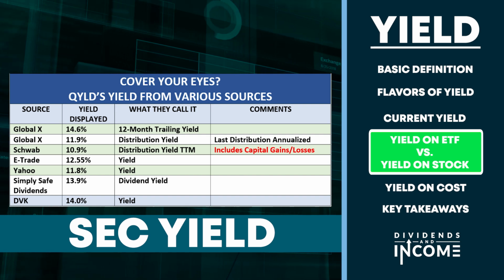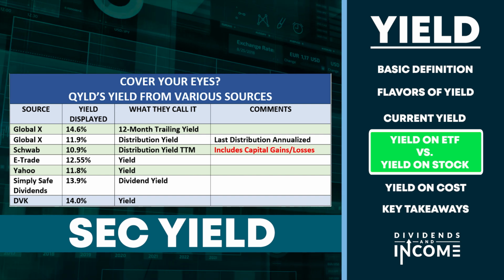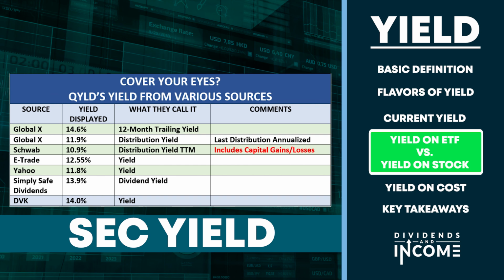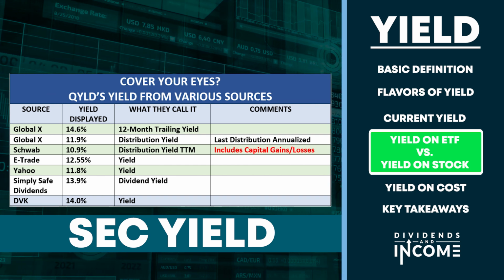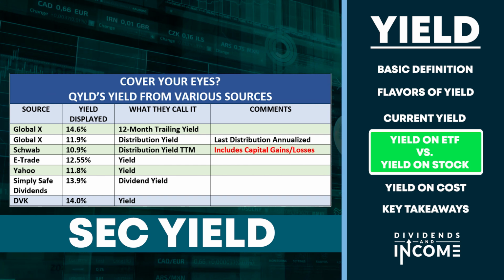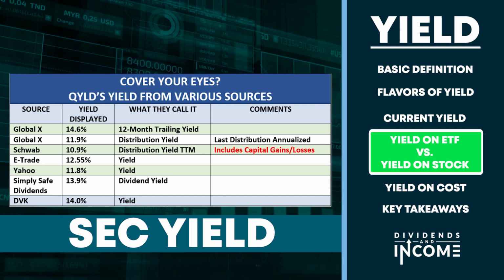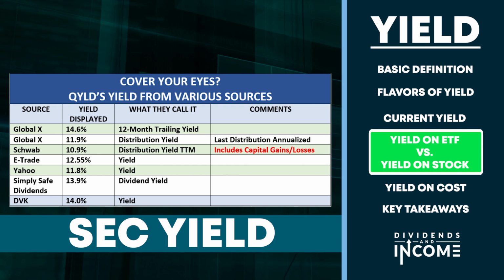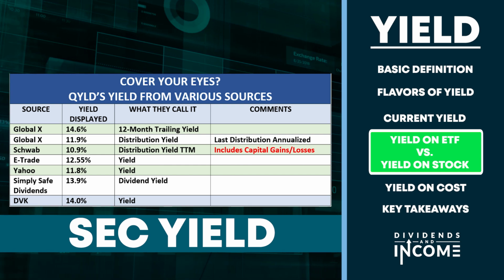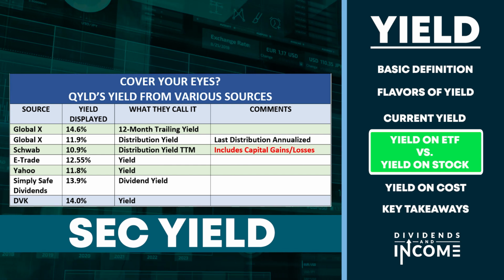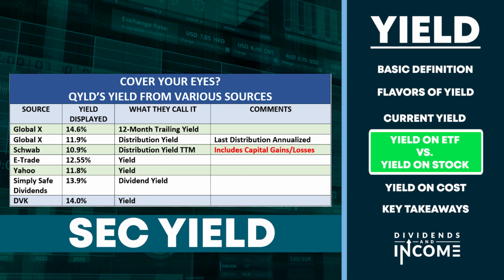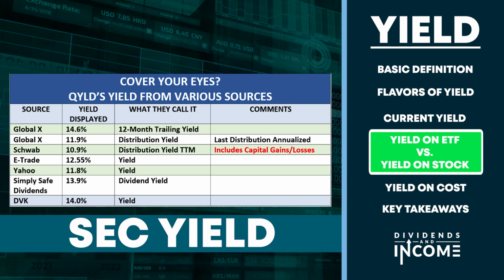I personally don't find SEC yield to be very useful. It was originally developed for bond funds where I guess it has more use. You will see SEC yield stated for most ETFs when you look them up. Since it comes from the fund itself, you would think that every source shows the same number for SEC yield. But following the pattern that we've seen about numbers on the internet, you would be wrong in thinking that.